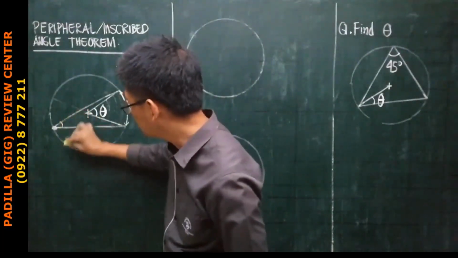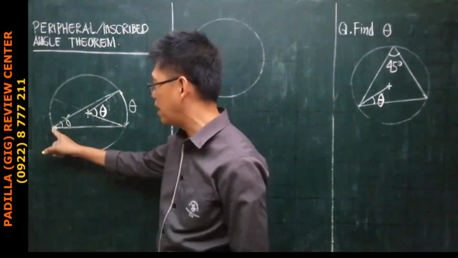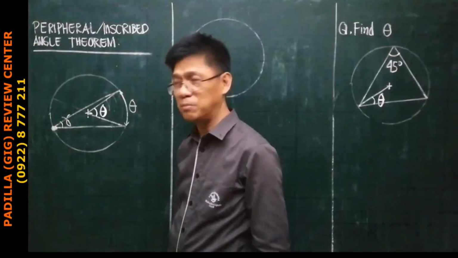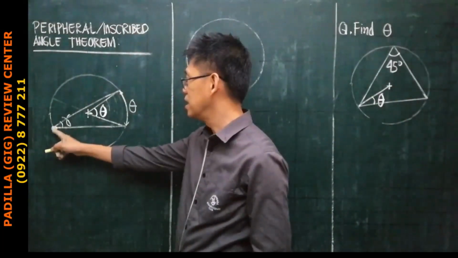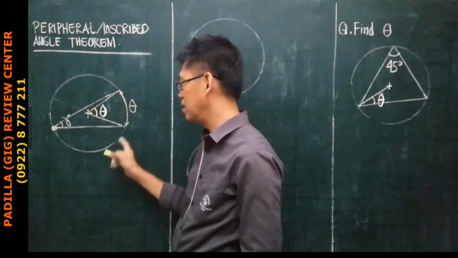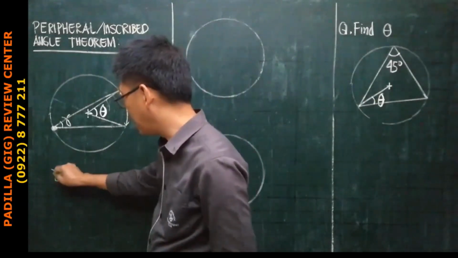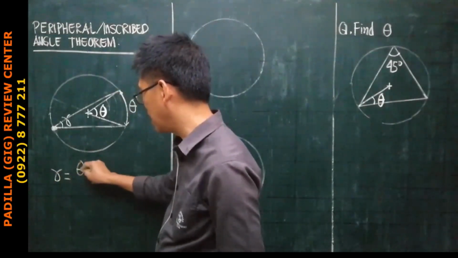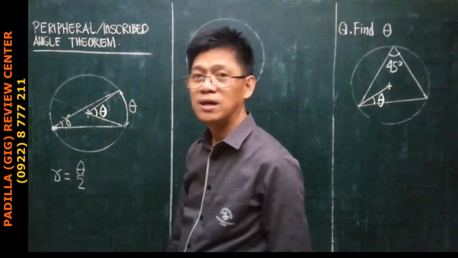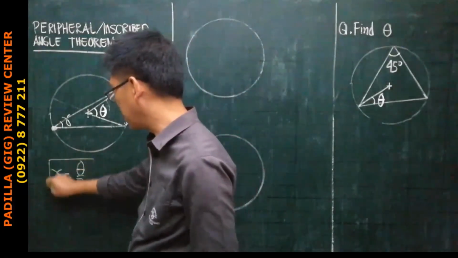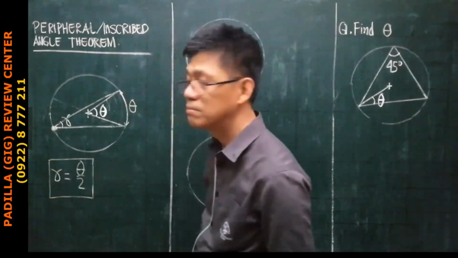Now, if I call this angle gamma, gamma is called a peripheral angle because its vertex is on the periphery of the circle. Take note that gamma is theta over 2. This is the peripheral angle theorem.